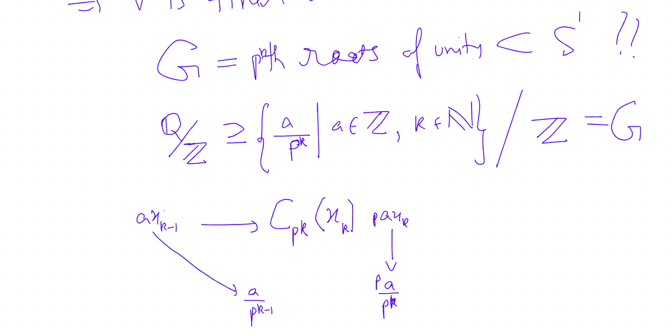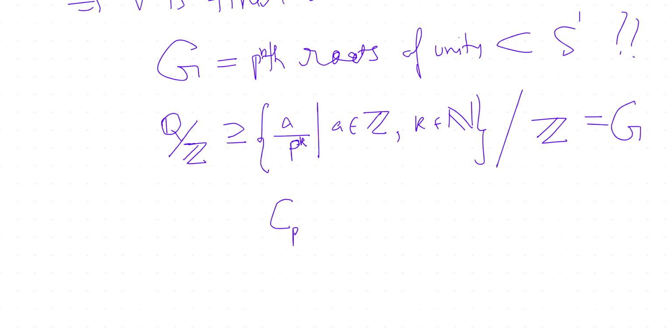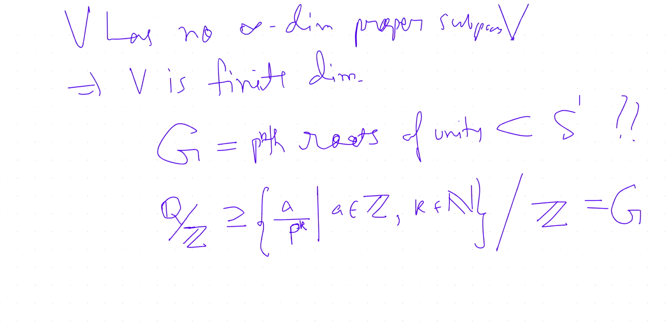So really it is this, and this sits inside the group Q mod Z. Wait, but what about the mod Z? And this is inside S1 because R mod Z is S1. But what about the mod Z, the kernel?